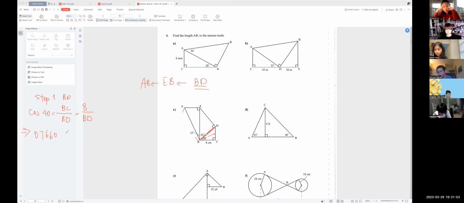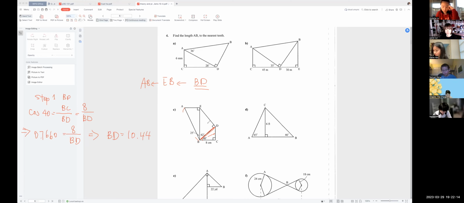0.7660 equals 8 over BD. So BD equals what? 10.3093, very good. For this one we just put 2 decimal digits, so 10.44.